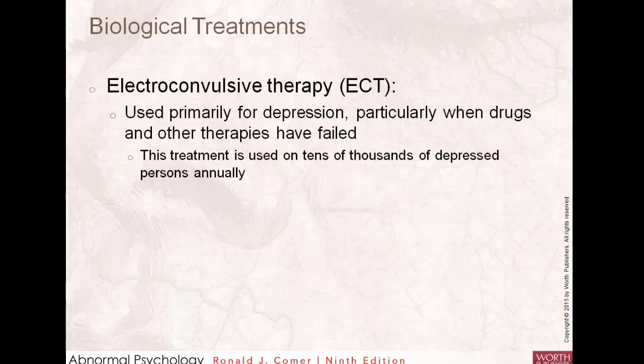So initially it might have been done possibly without consent, which would never happen today. It might have been done without anesthesia, might have been done with high levels of voltage, less precision. So electroconvulsive therapy is certainly more refined today than it previously has been.